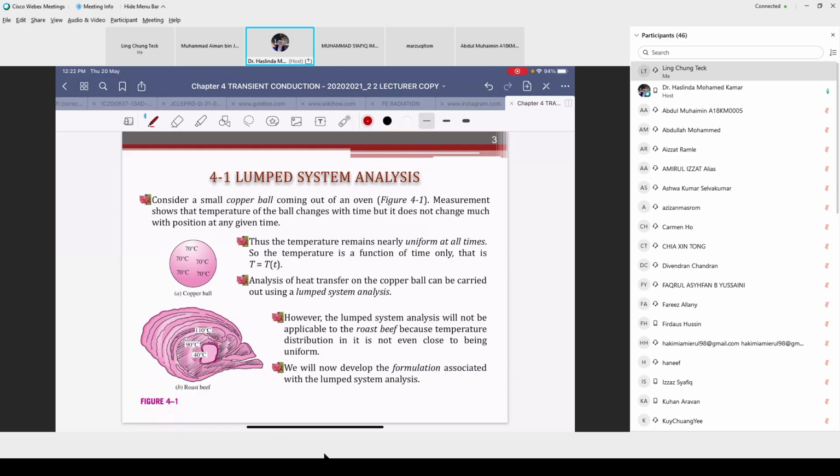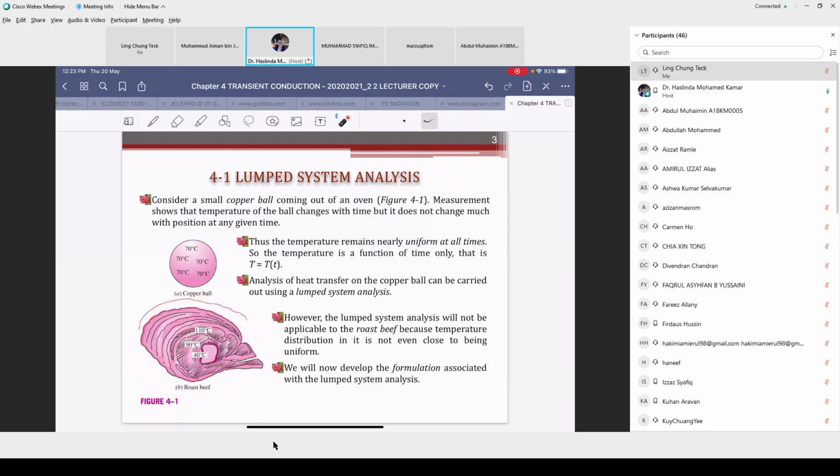Okay, because of that, for the roast beef, the temperature changes with location and also time. But for a copper ball, the temperature does not change with location, but only with time. So for the roast beef, lumped system analysis cannot be used to solve the heat transfer analysis.